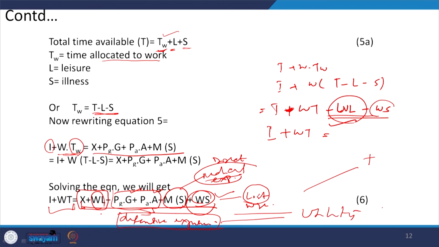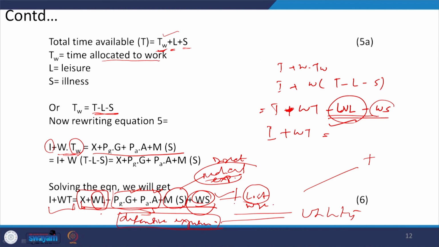So, in the next lecture we will continue from here. We will discuss the limitations and the recent developments that we find in the literature on this method, and we will also talk about lost wages because of illness.